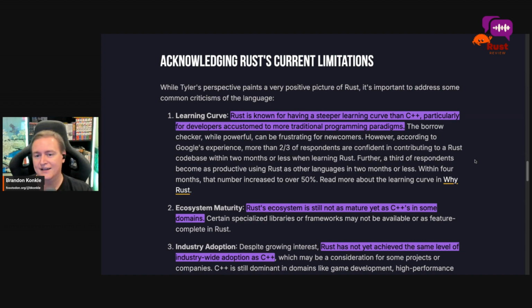It is, especially if you're used to other programming languages, difficult to understand how Rust is different and how it does things differently.